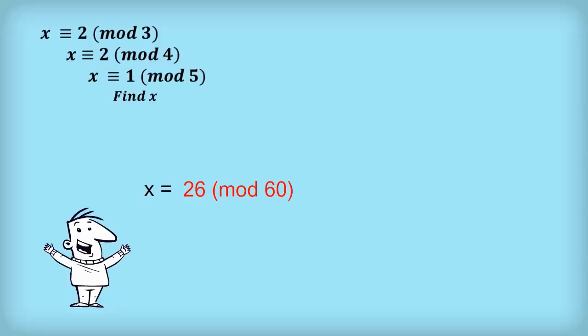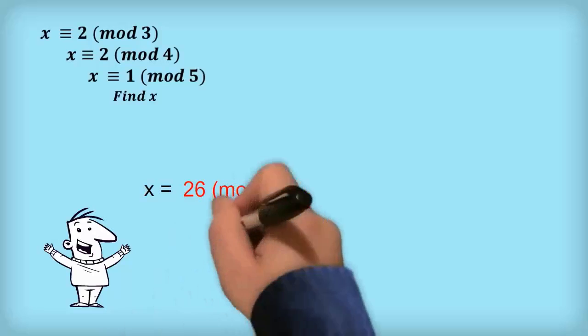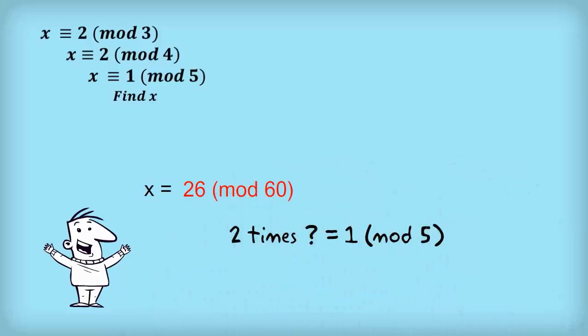Let me make one final point. If the numbers were large, maybe very, very large, then everything still works easily except one part. When we needed to find a number to multiply 2 by to get 1 mod 5, we used trial and error to find the 3. What we were doing is actually finding the inverse of a number in a certain modulo.